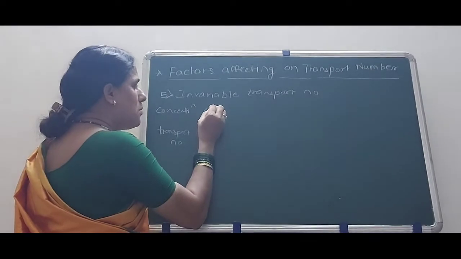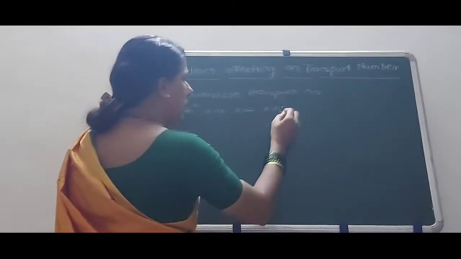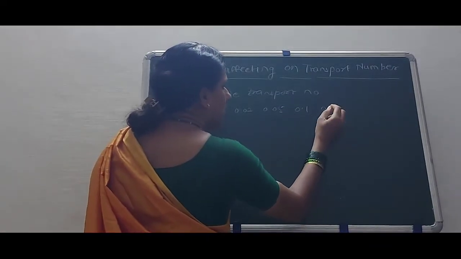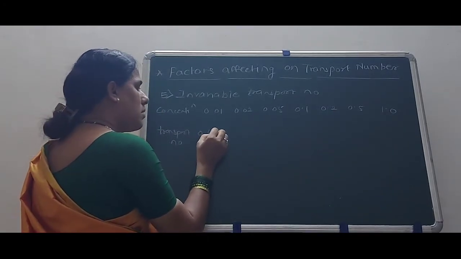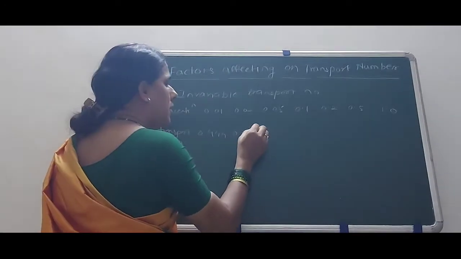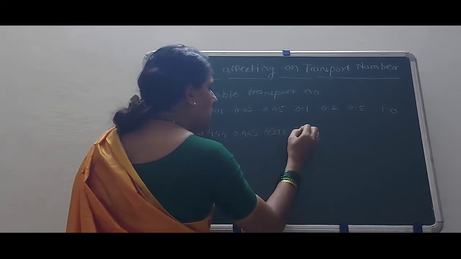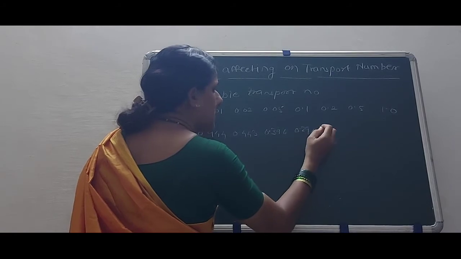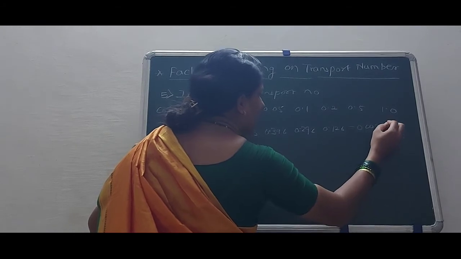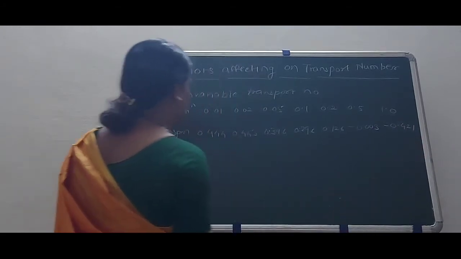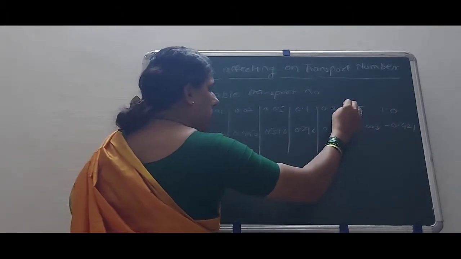Concentration: 0.01, 0.02, 0.05, then 0.1, 0.2, 0.5 and 1. The values are 0.444, 0.443, 0.396, 0.296, 0.126, minus 0.003 and minus 0.421. These are the concentrations and their respective transport numbers.